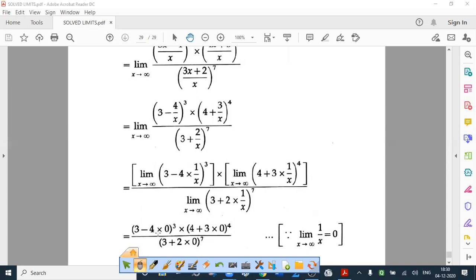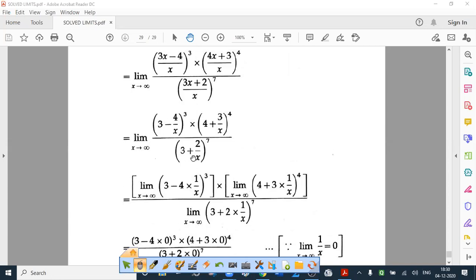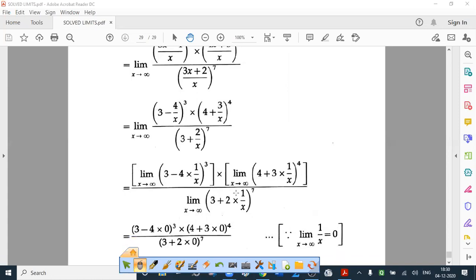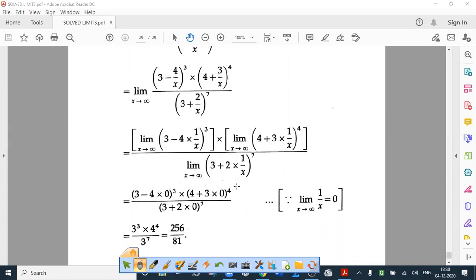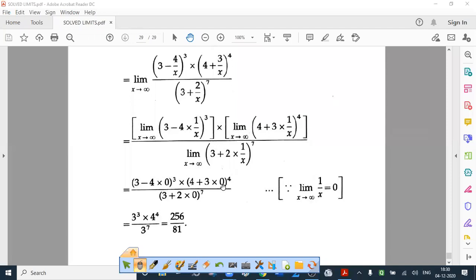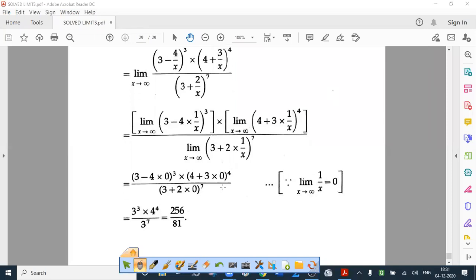So you get 3 minus 0, means only 3. 3 cube into 4 raised to 4 upon 3 raised to 7. On simplification, 256 upon 81 is the final answer.